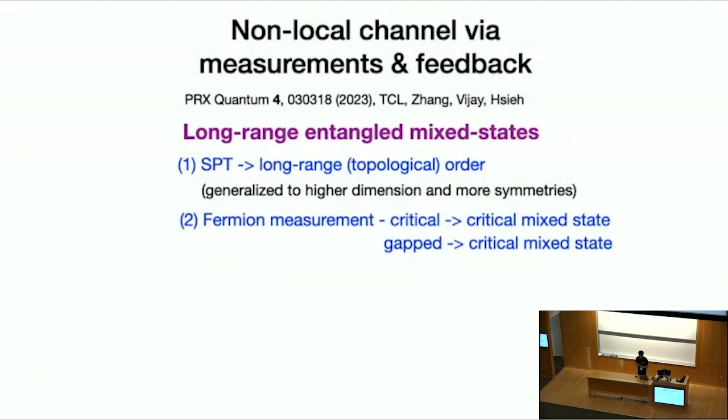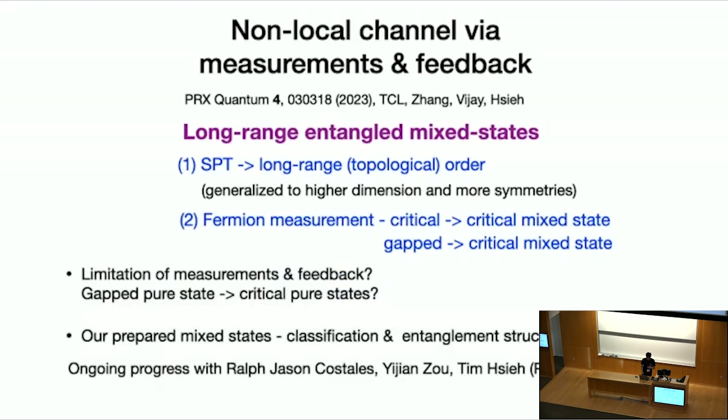So with this, let me quickly summarize. Basically, we understand that any measurement and feedback can be understood as a non-local channel that can generate some interesting long-range entangled states, where different trajectories don't need to converge, but nevertheless can have long-range entanglement in the mixed states. We discussed SPT to long-range order, and we discussed some applications with fermion measurement.